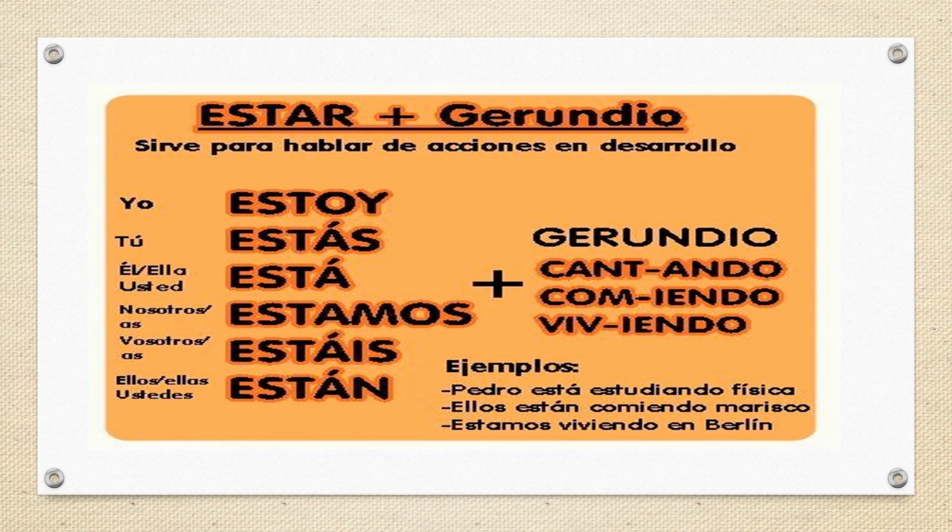From the AR verbs, we will remove AR first and we will add ando. From ER and IR verbs, we will remove ER and IR and we will add yendo. Ejemplos: cantar becomes cantando, comer becomes comiendo, vivir becomes viviendo.